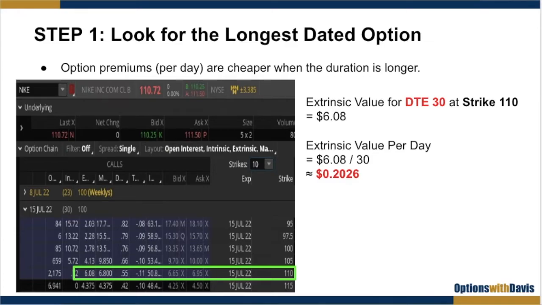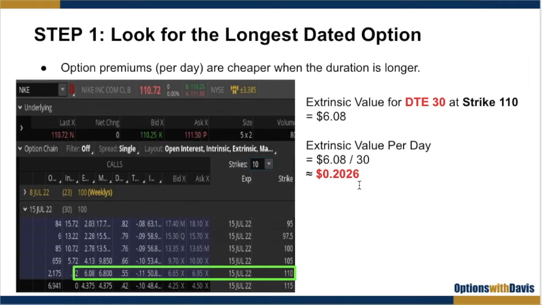So if you take a look at the strike price down here, which I've boxed off, the 110 strike price, you can see that this down here is the extrinsic value that you're paying for this option. The extrinsic value for the 30 days to expiration at the 110 strike is $6.08. If you divide this by the number of days left on the option, it is roughly 20 cents.